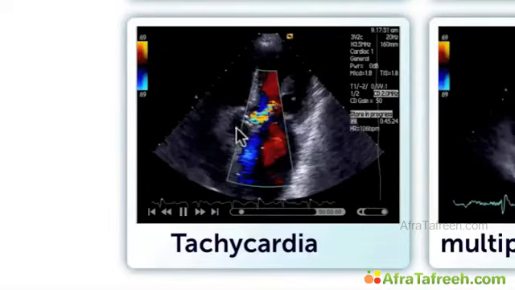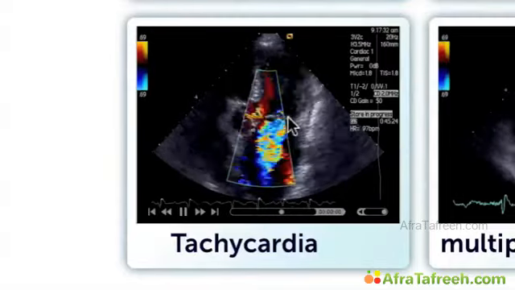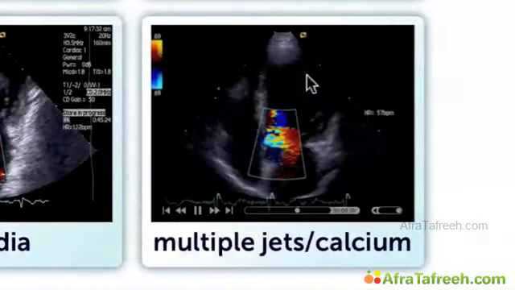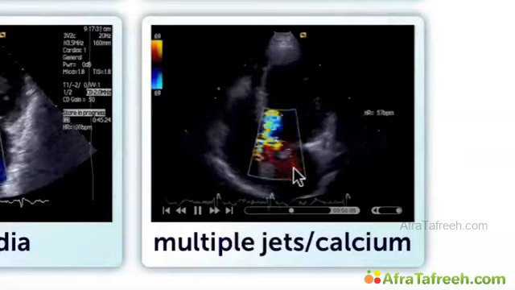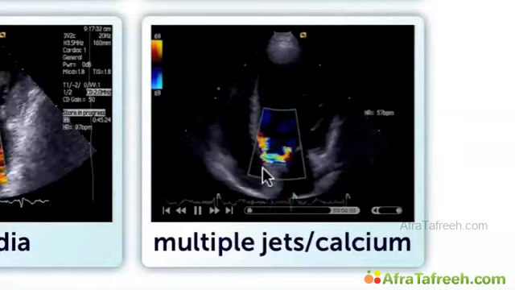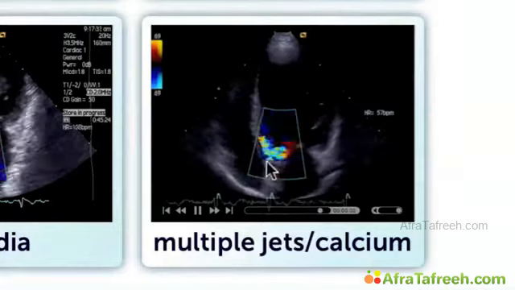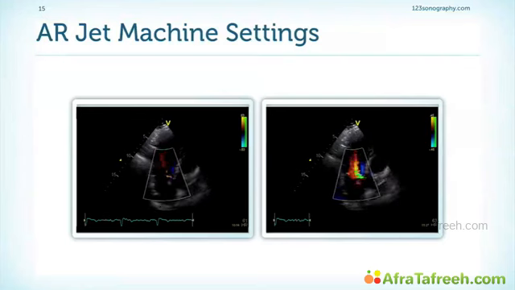You can note here that the jet is very difficult to see because diastole is so short. So this also makes it quite difficult at times. Another example we saw previously is heavily calcified valves do not allow you to see the portion of the jet which lies above the aortic valve. So you cannot look at the flow convergence zone and you do not see the vena contracta.